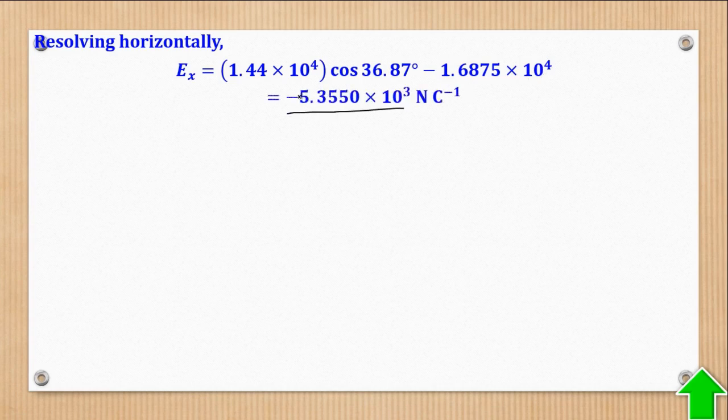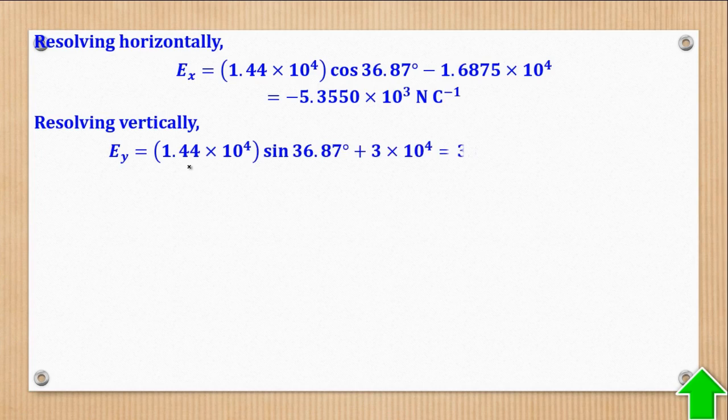The negative has to be seen. Horizontally meaning that this to the right is positive, to the left is negative. Then resolving vertically, upward is positive. So all are upward, so that is why they are all positive.